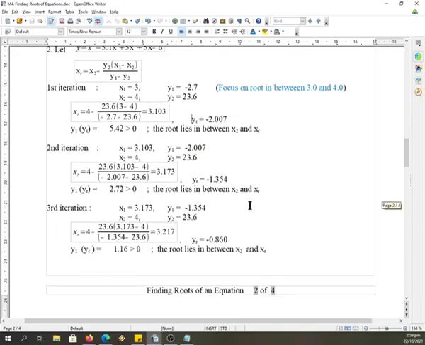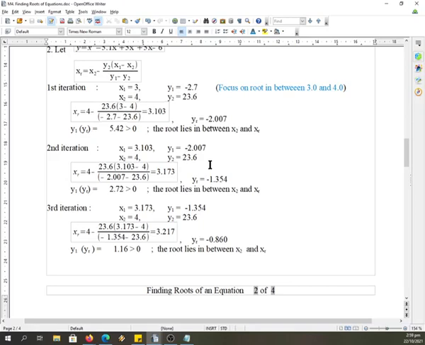With that knowledge, we will now use the value of xr, 3.103, as our x1, and retain the value of x2 as 4. In this case, x1 becomes 3.103 and y1 becomes negative 2.007, equal to the previous value. Previous value is this one.